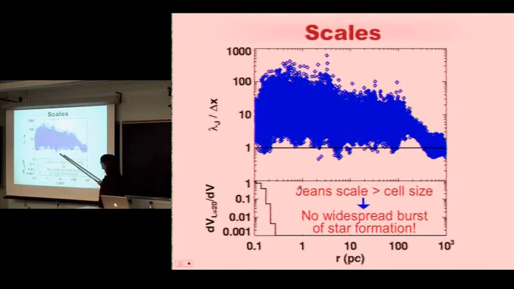So this is a scatter plot for individual cells in the disk, showing the ratio of the Jeans length to the cell size. Where this number is greater than 1, we are resolving the Jeans length. So the fact that the disk is locally stable seems to be fairly robust. At least we are resolving the scales on which nonlinear effects might also be causing collapse, but they're not.